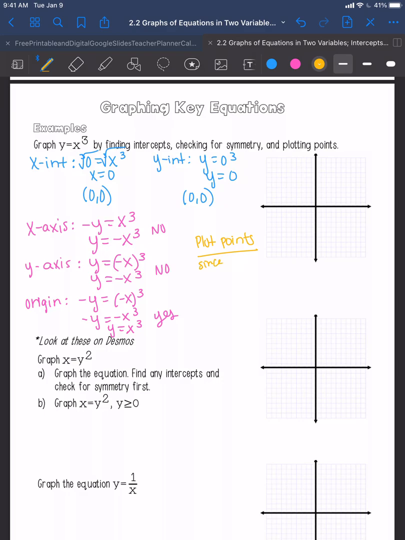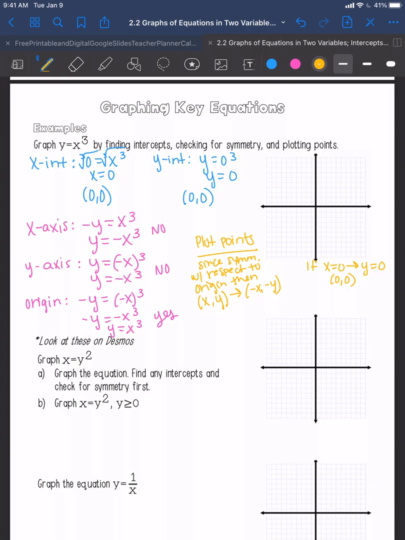So since it's symmetrical with respect to the origin, then any x, y value we get, we can also use the negative x, negative y value. So we know 0, 0. If x is 0, then we know y is 0. So the point 0, 0 is on there from our intercepts.